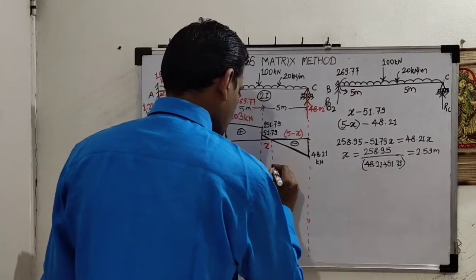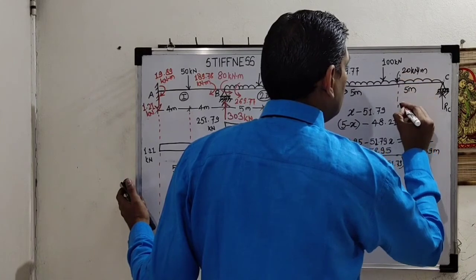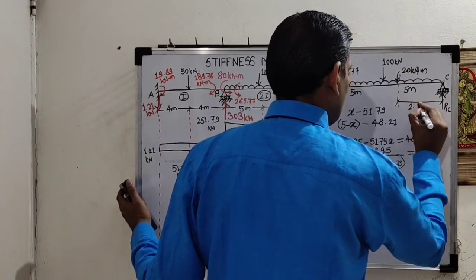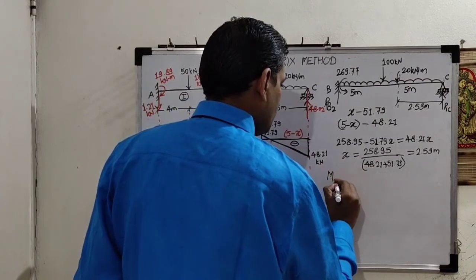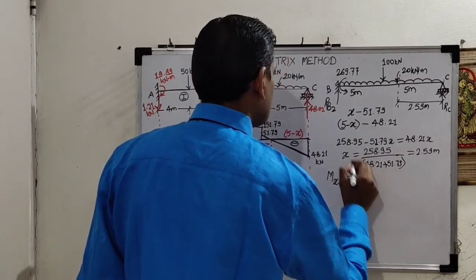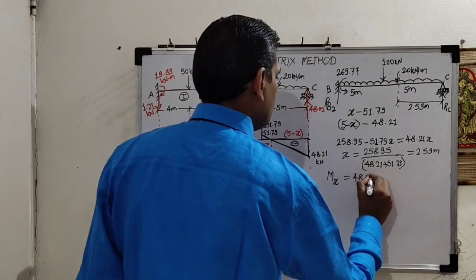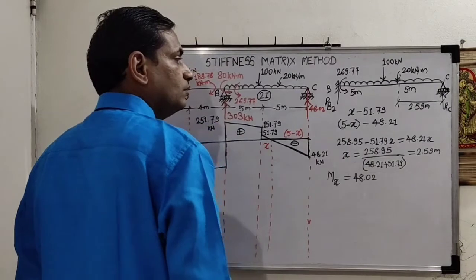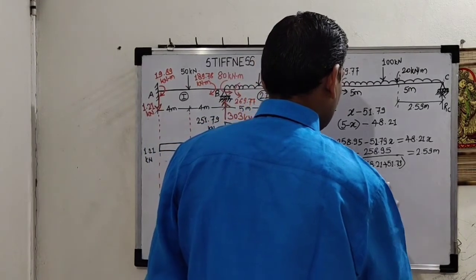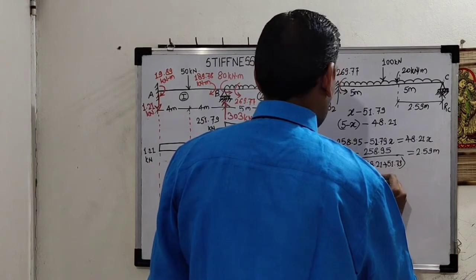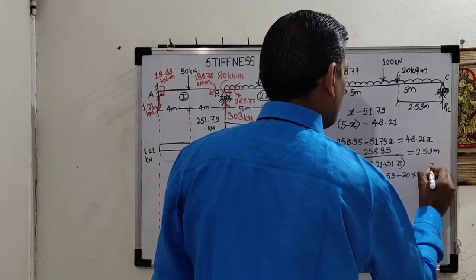So we will take moment at 2.59 meter from C. So we shall say moment at x is equal to RC, how much? 48.21 into 2.59 minus 20 into 2.59 square upon 2.